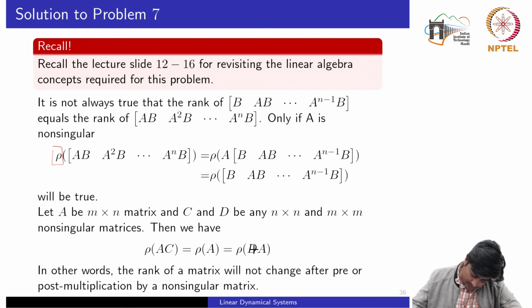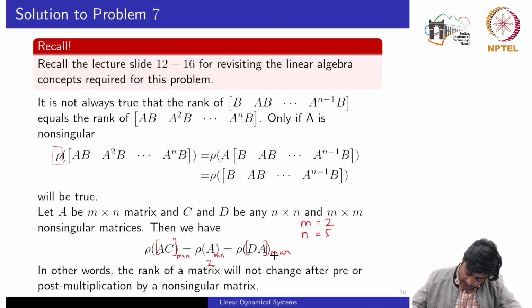To do a quick check, suppose we take M equal to 2 and N equal to, let's say, 5. Now the dimension of this AC matrix would be M cross N, because A is M cross N and C is N cross N. Your DA matrix would also be M cross N. Yes, it would have the same dimension as AC, and A is M cross N. Now since M is less than N, the rank of A would be equal to 2.